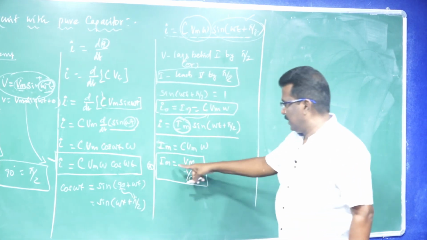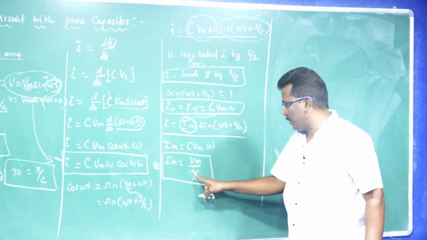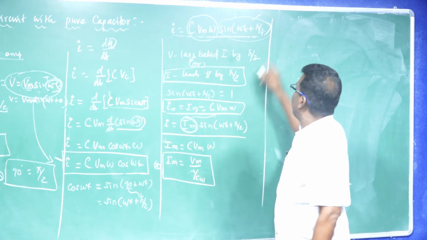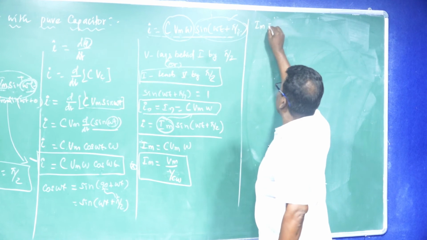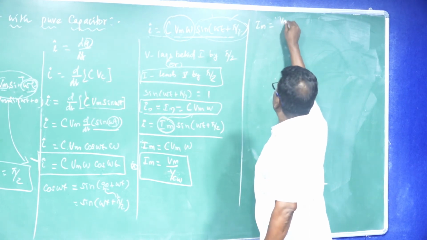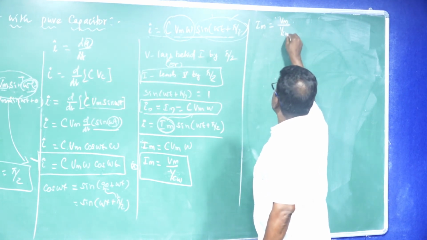See, we have already written Im is equal to Vm divided by 1 by C omega. Im is the maximum current, Vm divided by 1 by C omega.